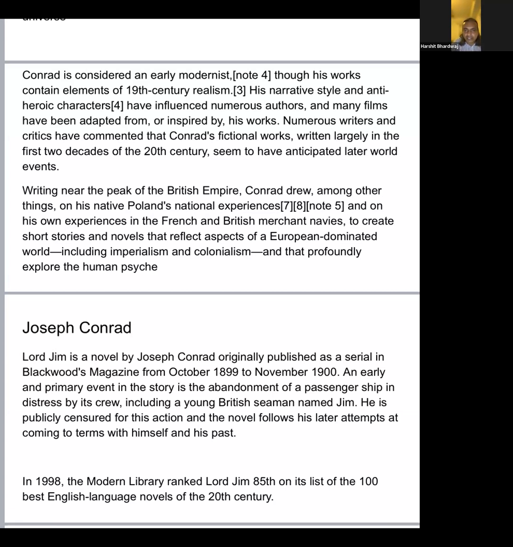This is an omniscient narrator. That is a Victorian style of writing. But as soon as we are introduced to the character Marlowe in the courtroom, he's sitting behind and he looks at Jim and he observes everything. The rest of the story is told from the point of view of Marlowe.